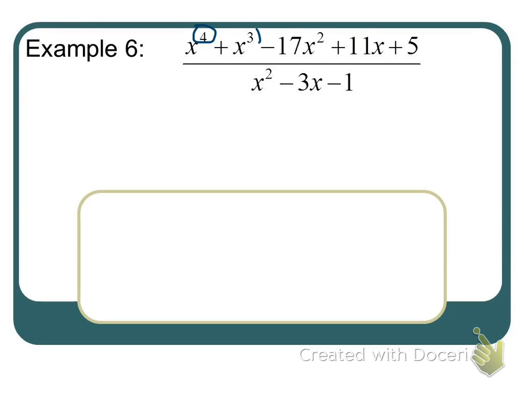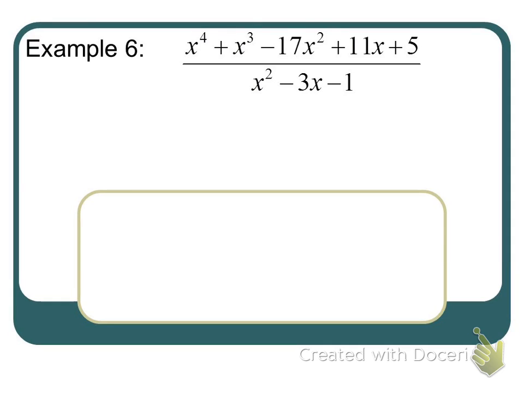But we're not. We've got x to the fourth, x cubed, x squared, x to the first, and x to the 0. In the denominator, if we're missing a term, we would need to put 0x there. You need to have every power of x represented in your divisor and in your dividend.